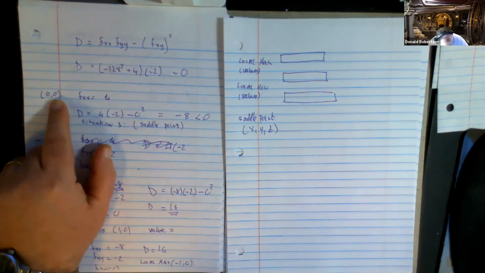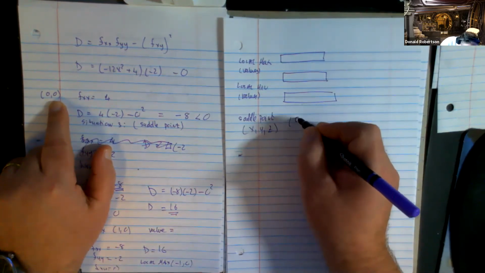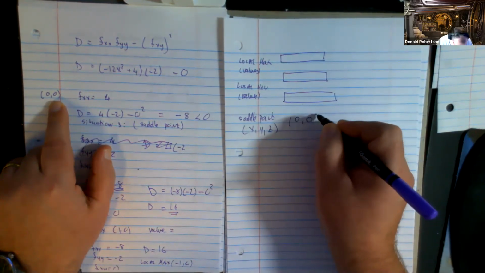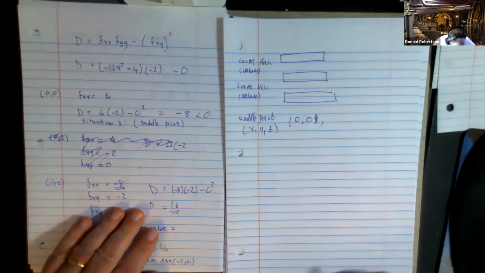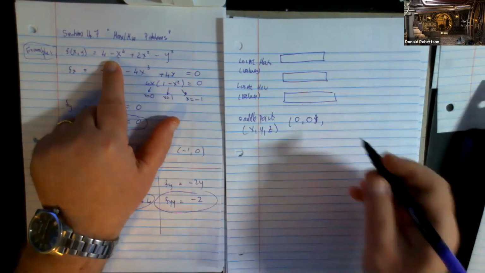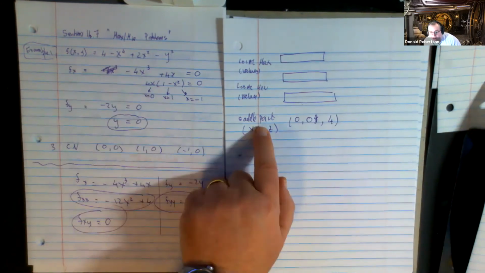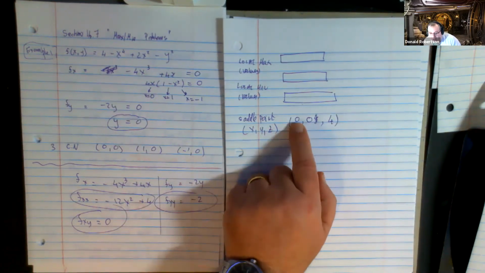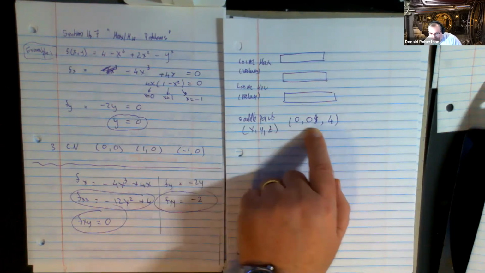Now, the point that we found out was a saddle point had an X of 0 and a Y of 0. You also put into that what the Z coordinate would be, which would be 4. So for a saddle point, you put in the X, the Y, and the Z coordinate as a coordinate.